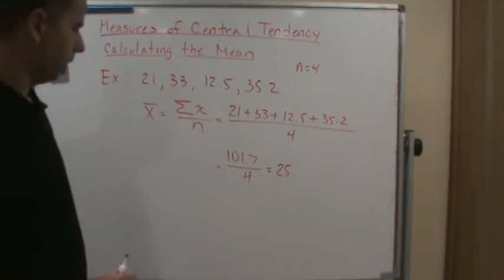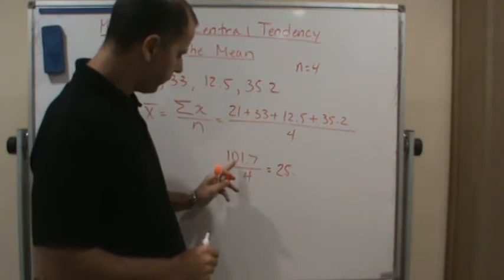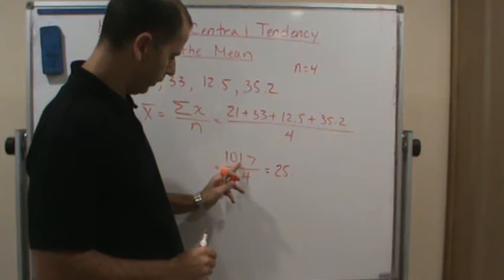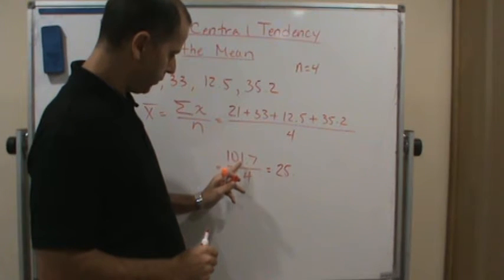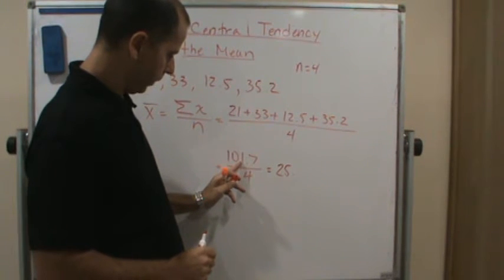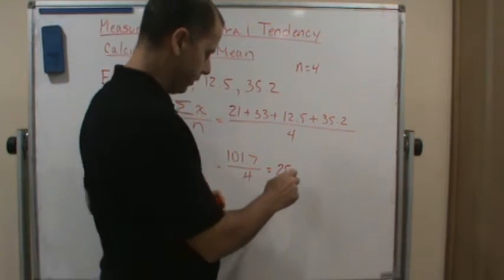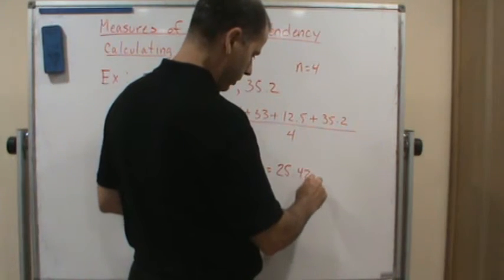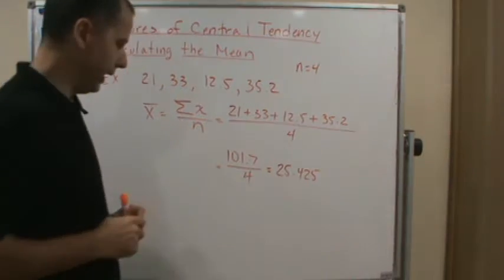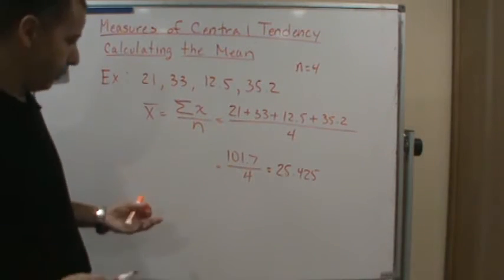So this is going to be 25 and then a quarter, right? 0.25, okay? And so this is going to be 25.425. Now we round to the nearest pound, right?